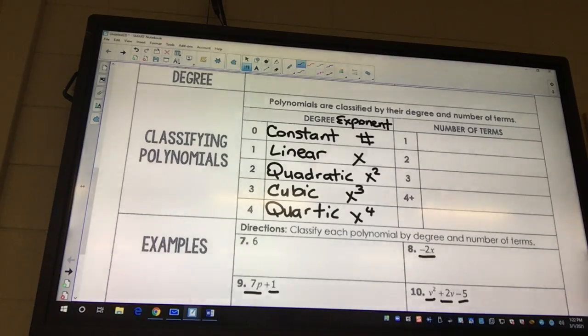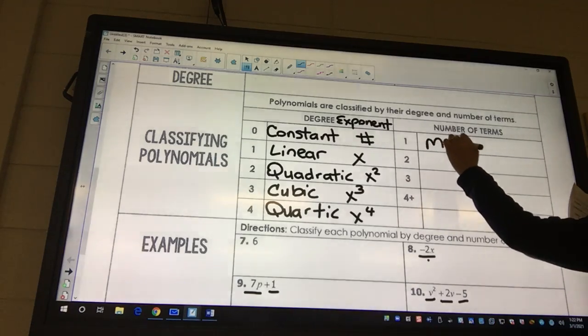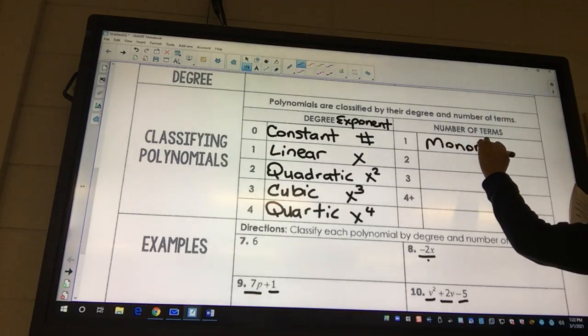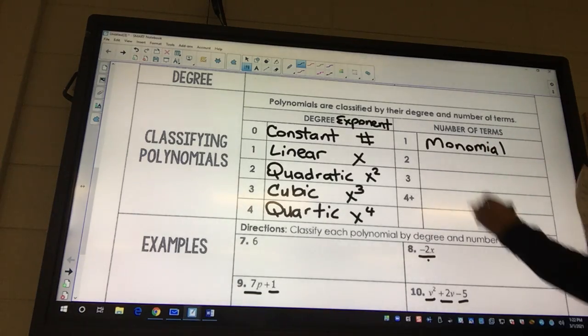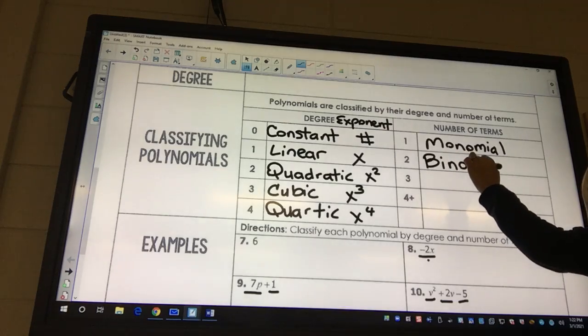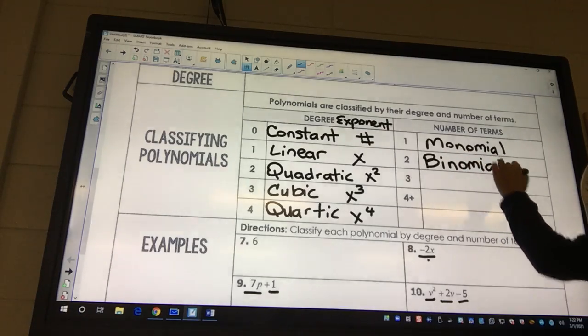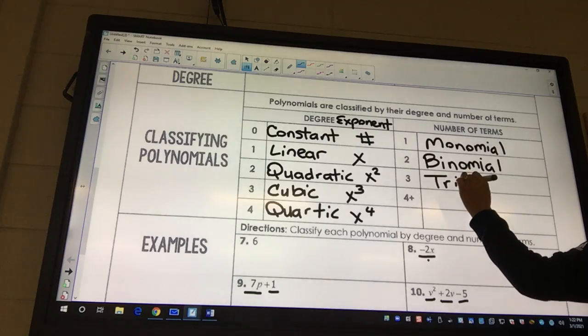means. If it has just 1 term, it's going to be a monomial. If it has 2 terms, it's going to be a binomial. Three terms is going to be a trinomial.